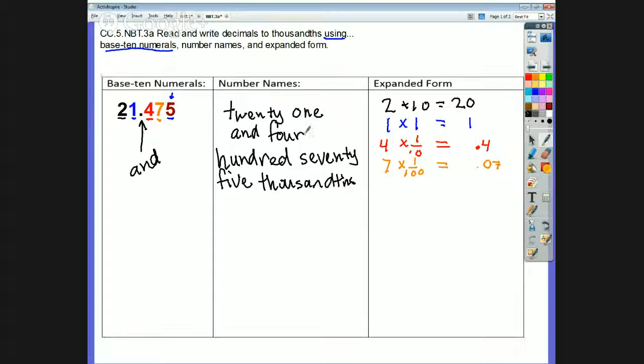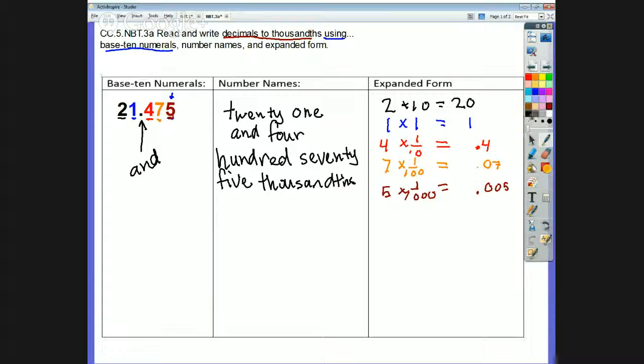This auburn 5 is actually in the thousandths place, and that's the extent of this standard, that we're writing and reading numbers to the thousandths place. So it's actually 5 times 1/1000th. And if I perform that multiplication, that's a decimal point, 2 zeros, and a 5, and I would read this as 5 thousandths.